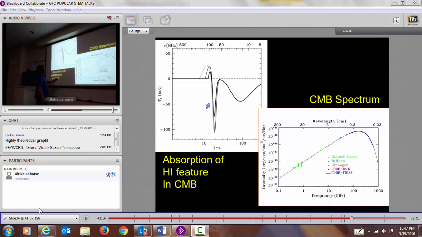So the more it goes down this way, the later it occurred. I don't know if that makes sense, but by seeing where this feature occurs on the spectrum, you can tell when stars first formed at those locations. So here's the radio astronomy version of observing the first generation of stars. You're not directly observing the stars at all, but you're observing their interaction with the environment around them.